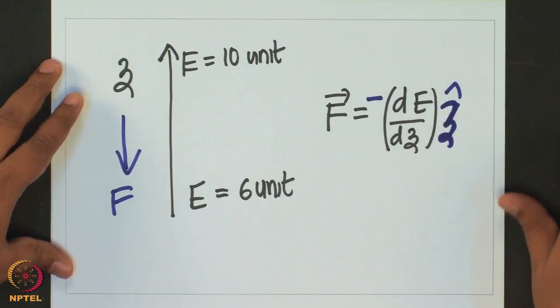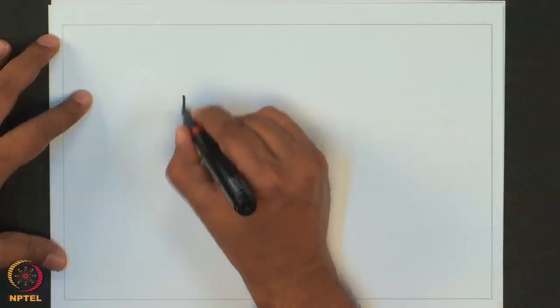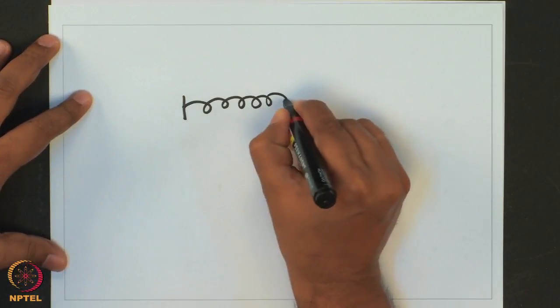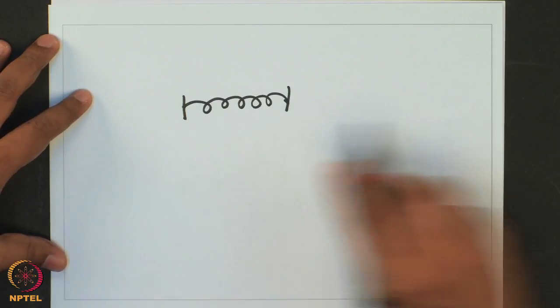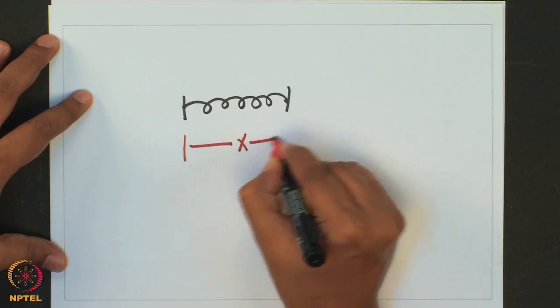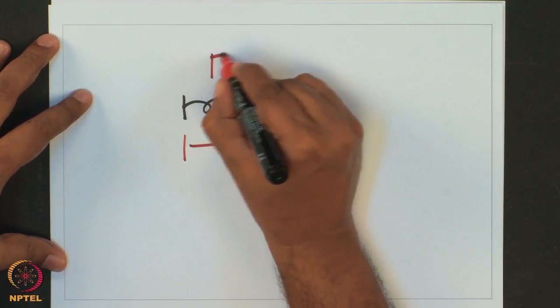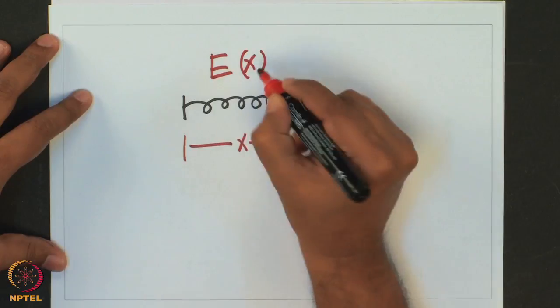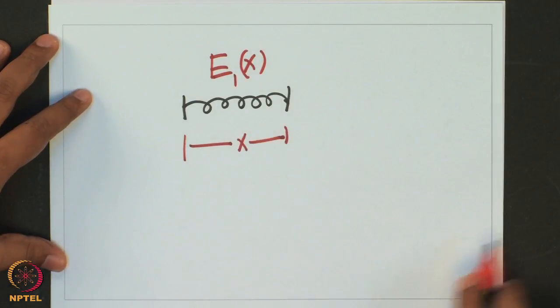Now let us think of this by taking a simple example of a spring, something that we all know. Many biological molecules, proteins, can be thought of as a spring as far as elastic energy is concerned, or as far as many bond energies are concerned. So let us take a spring. This has some x, and there is some energy for this particular x. Let me call it E1.